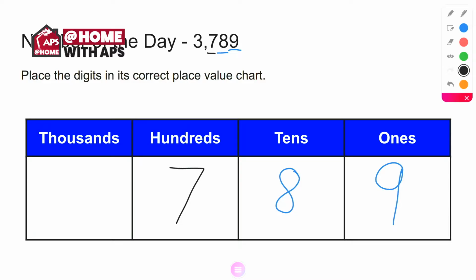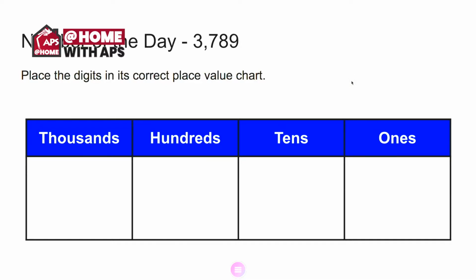How much is 7 hundreds? It's 700. Good. And the last one is thousands. How many thousands do I have? We have 3 thousands. How would we say that? 3,000. Thank you. So let's move on to the next one.